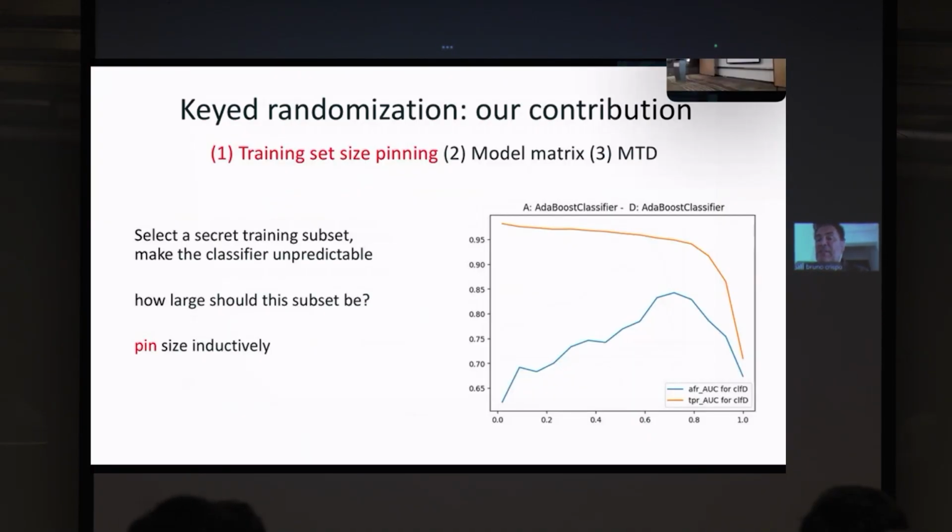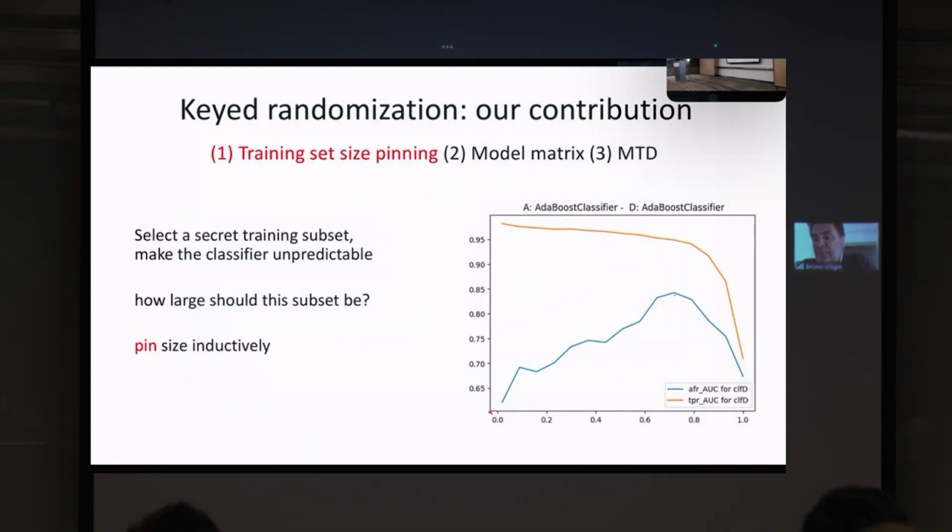Optimal in the sense that it gives you the best AFR, so the best defense against evasion attack, and still has acceptable accuracy. And we compute the pin size inductively in this way.